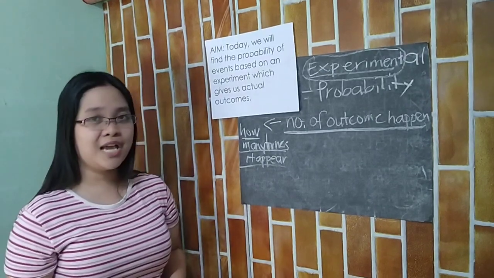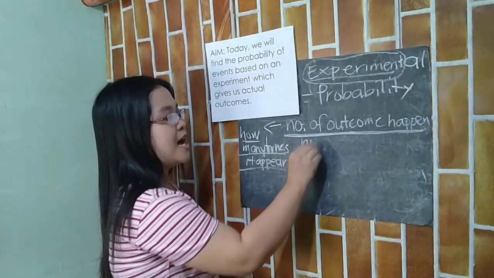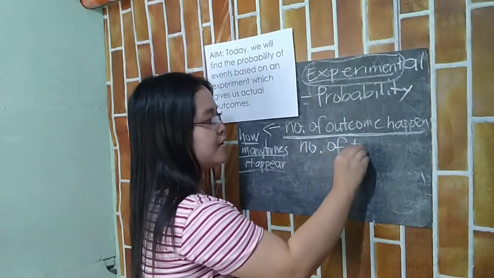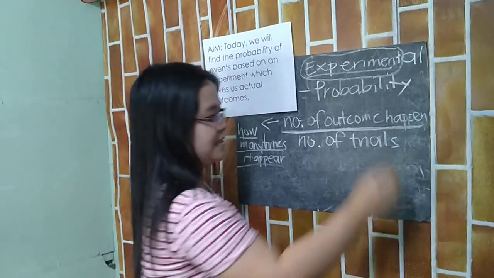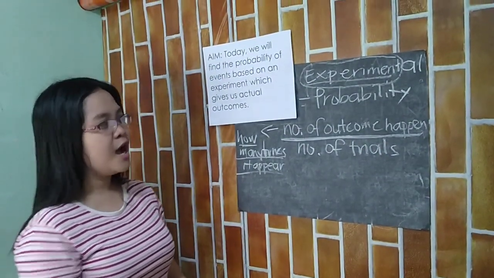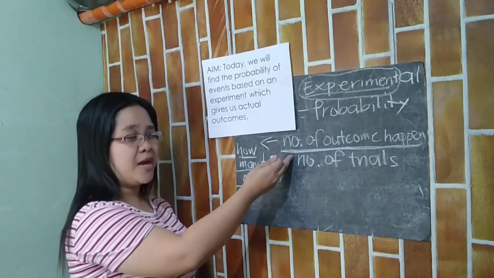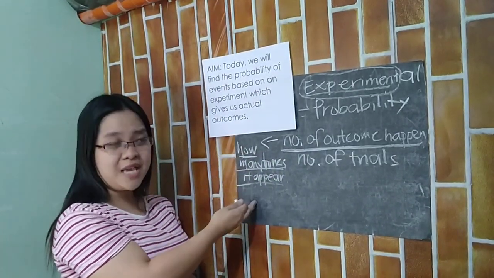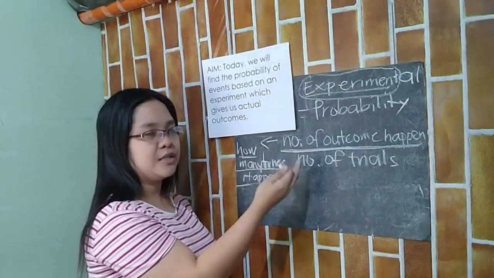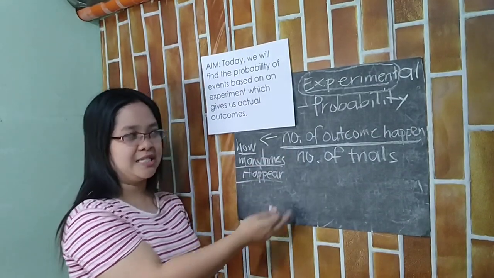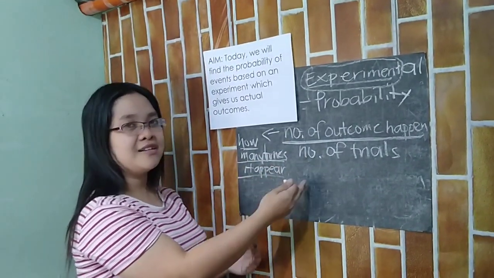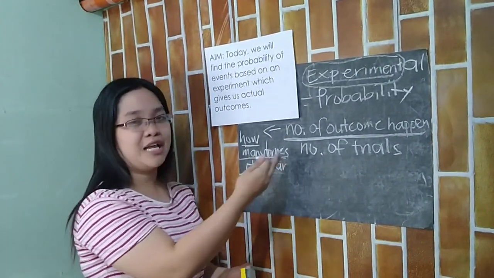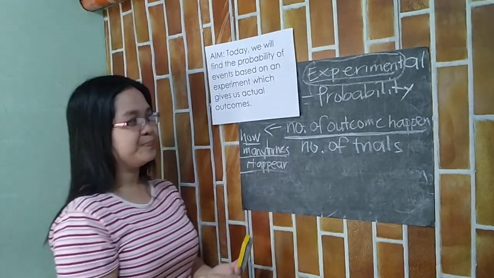What should we put there? It is the number of trials. Okay? So again, number of outcome happen, or how many times it appears, over the number of trials. That's how an experimental probability can be expressed.